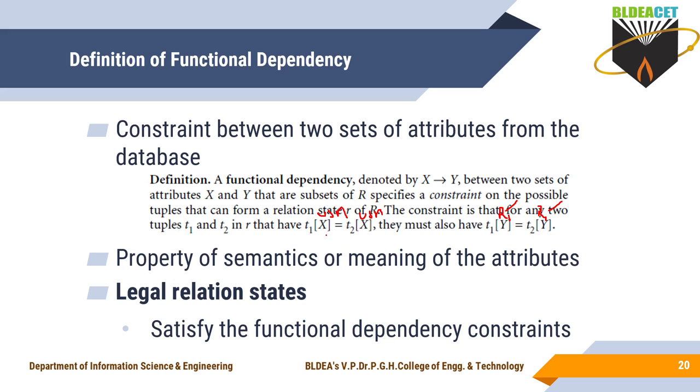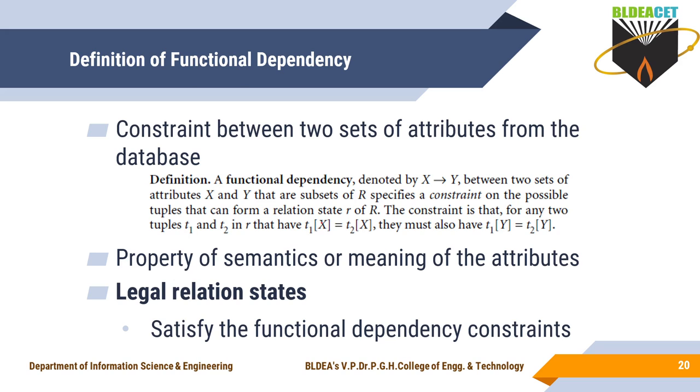Then only you call that X determines Y, that is, USN determines name, address, all those things. So the name and address are functionally dependent on the USN number. This is what we call a functional dependency, and this is what we call a constraint.